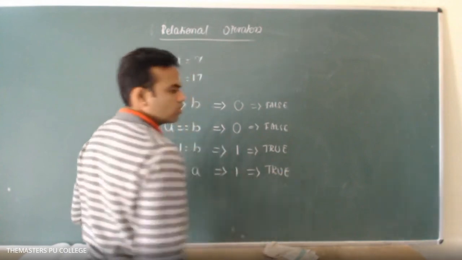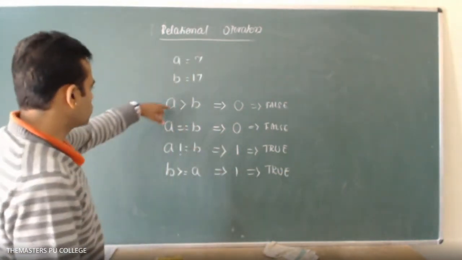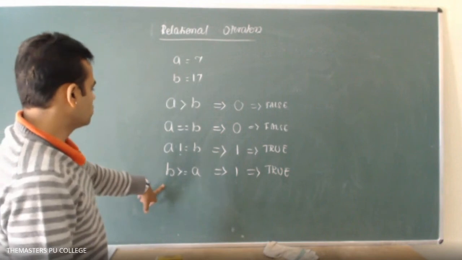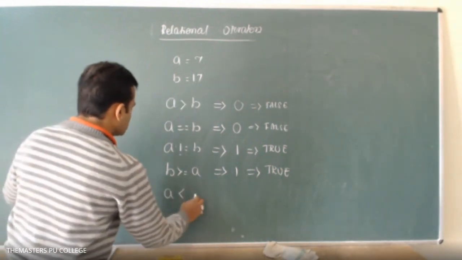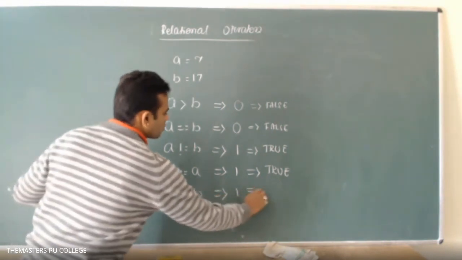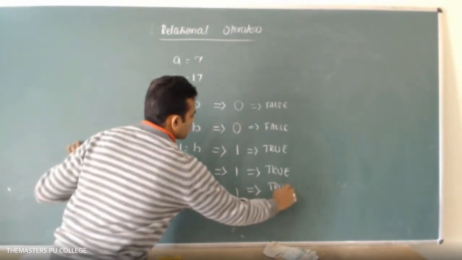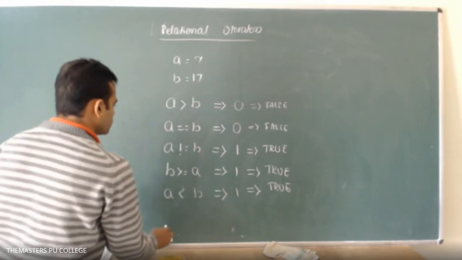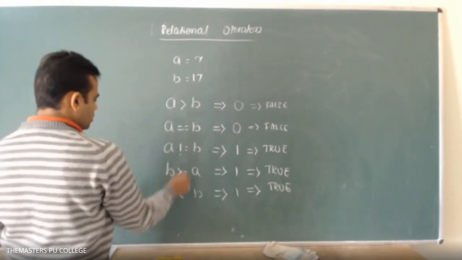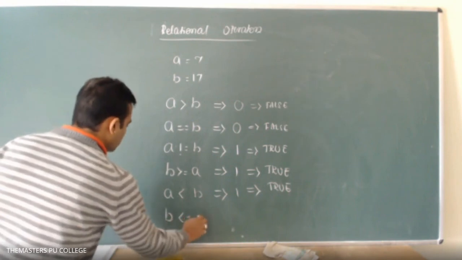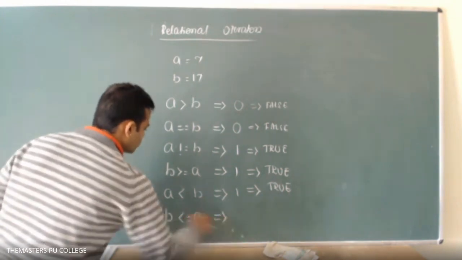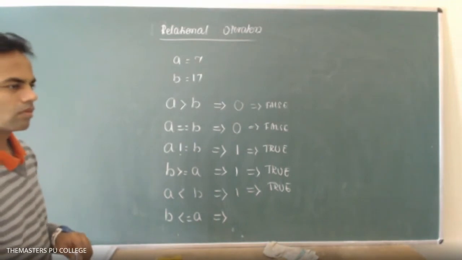Greater than, greater or equal. Next, A is lesser than B. Again, it is true. Then not equal, greater, lesser or equal. B is lesser than or equal to A. What happens here? False. Right?